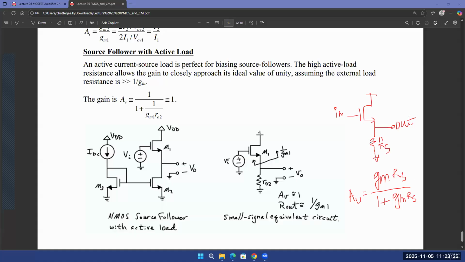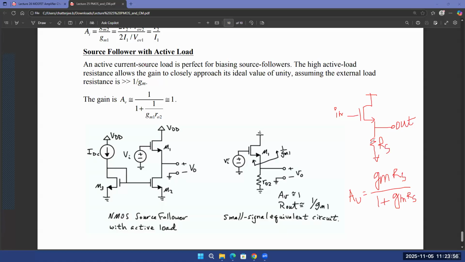Now, if this RS is a current source, and a current source has infinite impedance, as we already know, then in the voltage gain you can divide the numerator and denominator both by RS, and because RS is infinity, you'll eventually see that the voltage gain will be almost equal to 1, if RS is infinitely large, that is, if RS is an ideal current source.